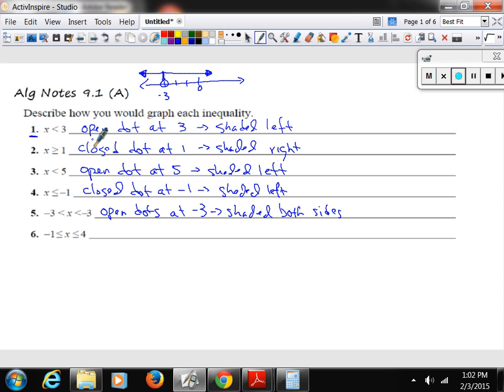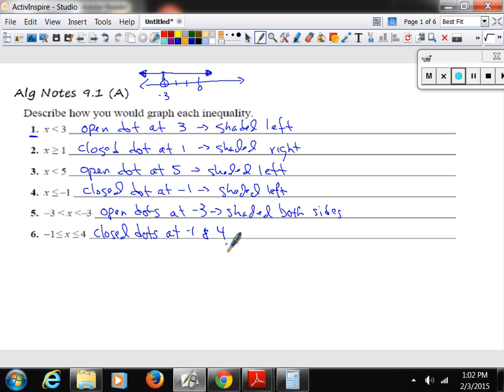Number 7, it would be closed dots at -1 and 4. Oops, not -4. -1 and 4. And then you're going to shade everything in the middle.